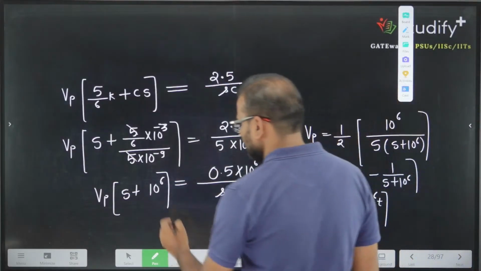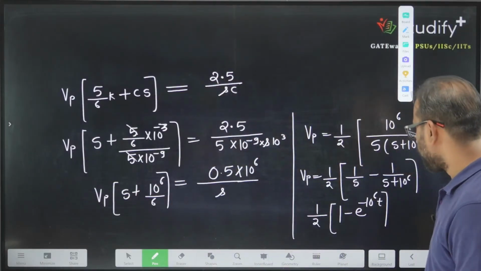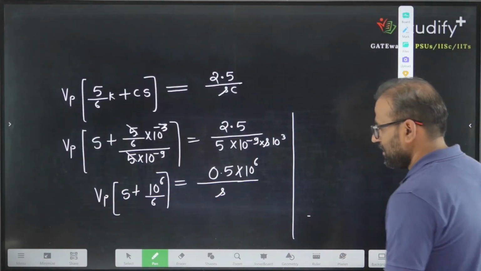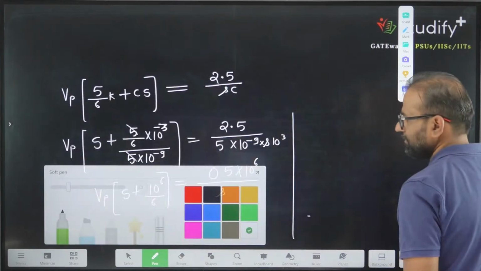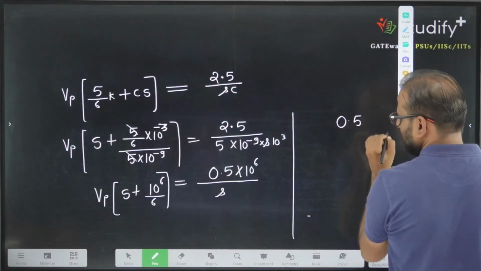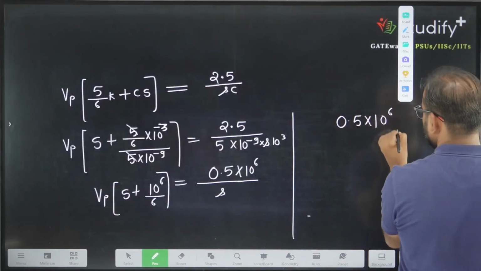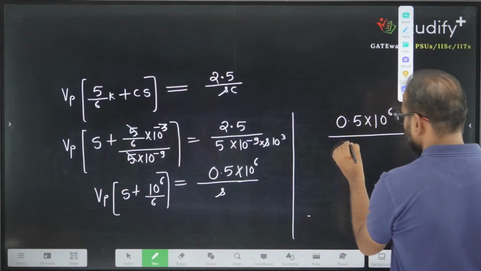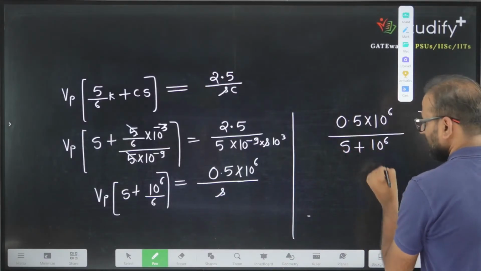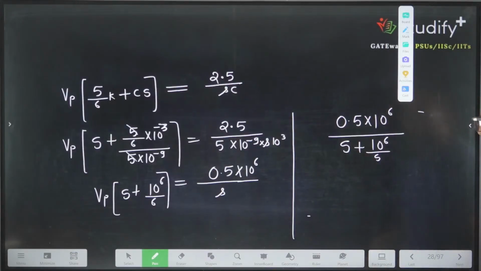If I take t equal to how many microseconds? Let me write it again. This value will be what? 0.5 into 10 raised to the power 6 divided by s plus 10 raised to the power 6 divided by s into s.